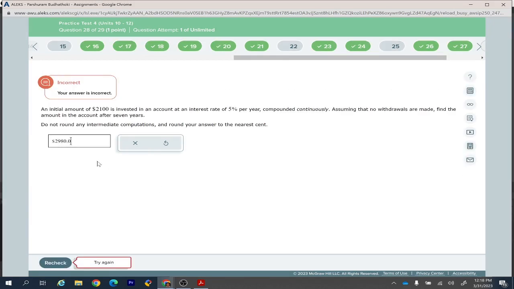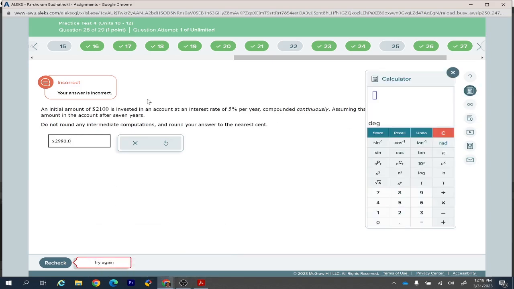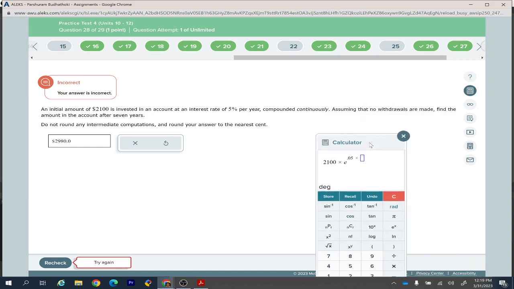Your answer is incorrect. What did I do wrong here? So let me go back and check. I just typed 2100 times e to the power 0.05 times 7 years, compounded continuously.